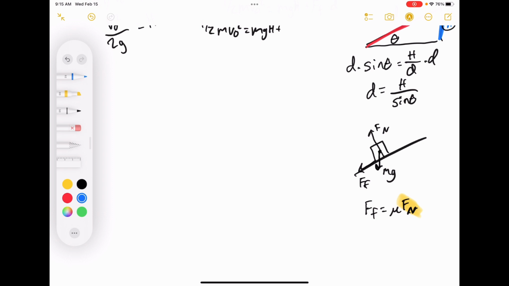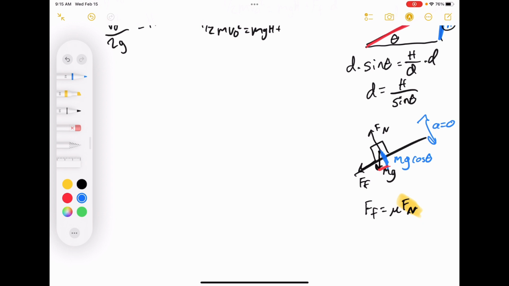Well, if I break this mg into components, I got a blue component here and a red component, okay? That blue component is going to be mg cosine theta. Hopefully you kind of remember this from way back in our forces days, but that should be mg cosine theta. So I know that in the y direction, a is equal to 0, which means that Fn will just equal mg cosine theta.